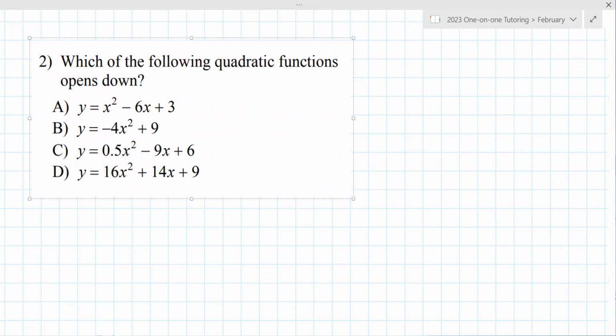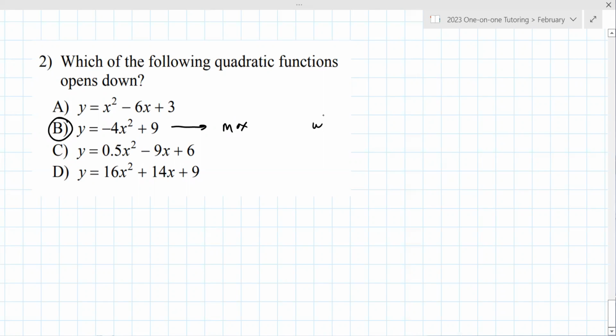Take a look at this one. Any... So then, it opens down, yes, and is it just B? It's just B. Now, since it opens down, that means it has a min or max. Max. Okay.